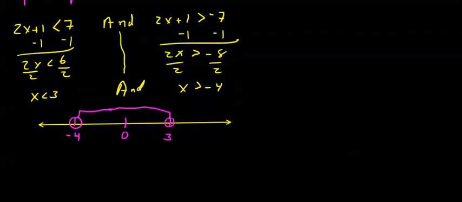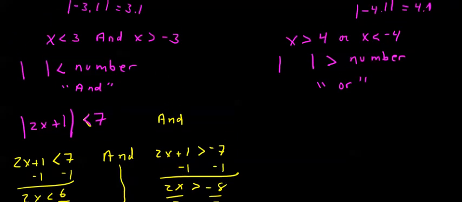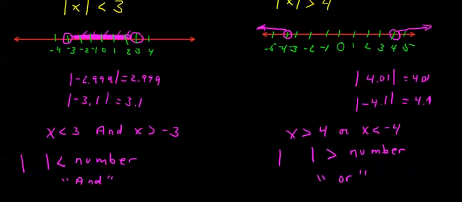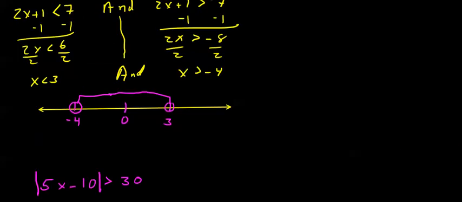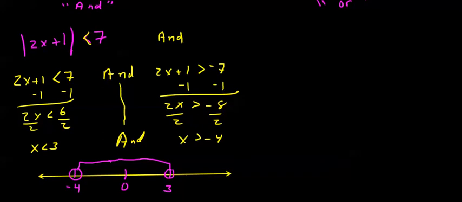Now let's do one more example. This time we're going to use greater than, just like that. So how about 5x minus 3? I don't want to use 3. All right. Absolute value of 5x minus 10 is greater than 30. All right. Last time it was less than.